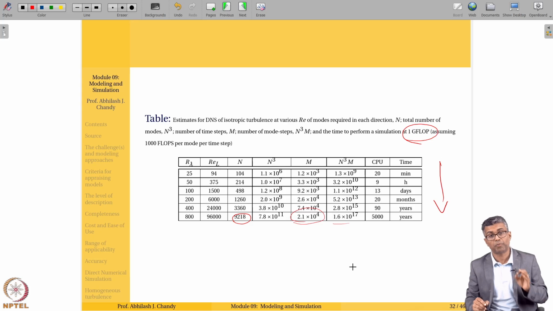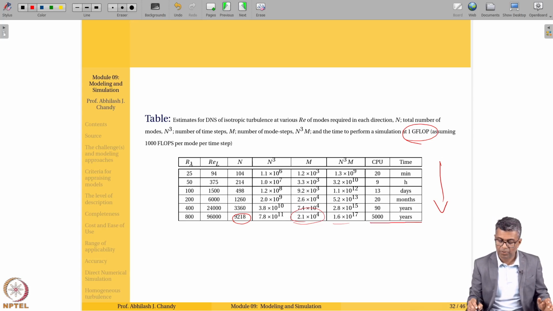So in CPU time for a single gigaflop machine, it is 5,000 years. Now obviously that is impractical, and this is not something we can achieve either. But today this Reynolds number is somewhere in the vicinity of achievable, right?